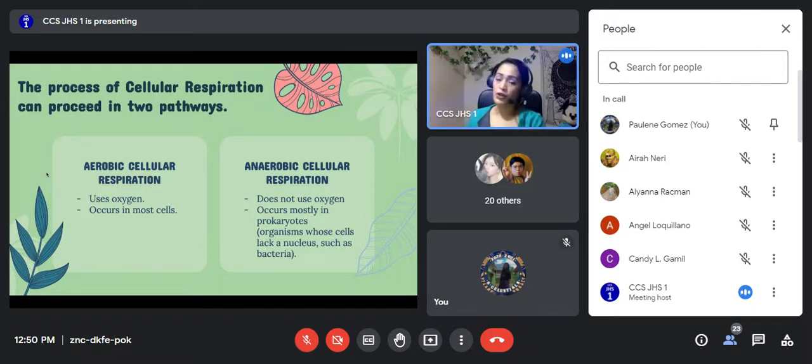Anaerobic cellular respiration is somewhat our emergency source of energy. It generates energy in a short amount of time. However, there is a side effect.